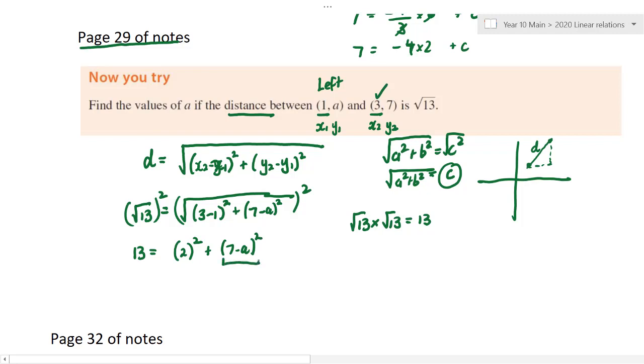No, we'll get to that in a second. Okay, we've got to find out what a is. What we're going to do though is 2 squared is 4, isn't it? So we've got 4 plus 7 minus a squared. I'll show you a little trick in a moment to solve this, because now let's subtract 4 from both sides, which gives us 9 is equal to 7 minus a squared.